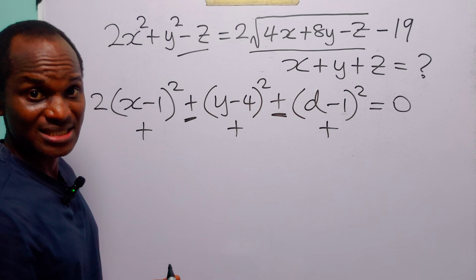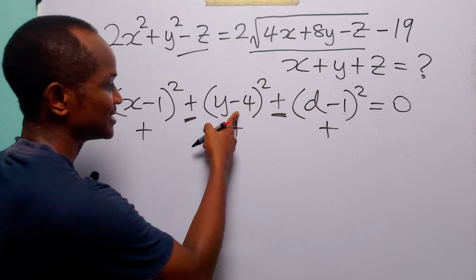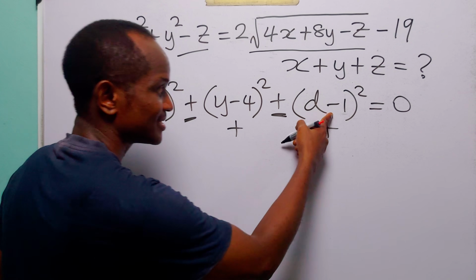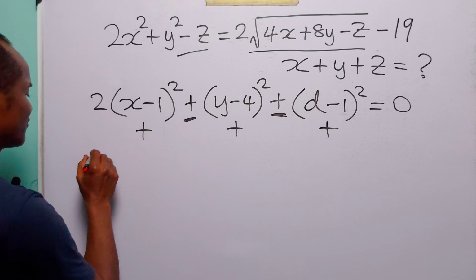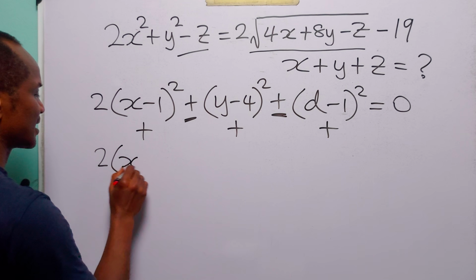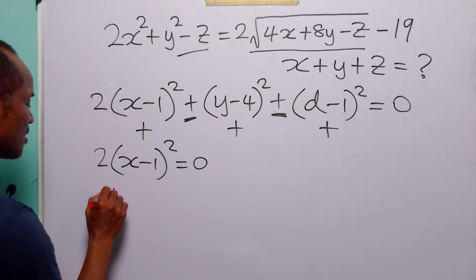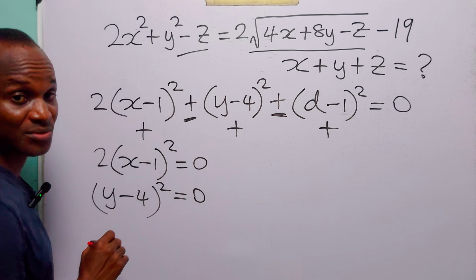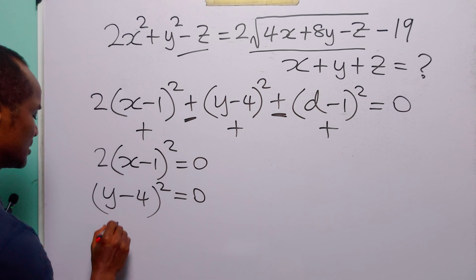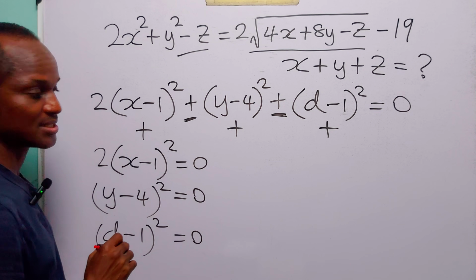Now you know that this is impossible, except this is 0, this is 0, and this is also 0. So from this equation, we have that 2 times x minus 1 squared is equal to 0. y minus 4 squared is equal to 0. And d minus 1 squared is equal to 0.